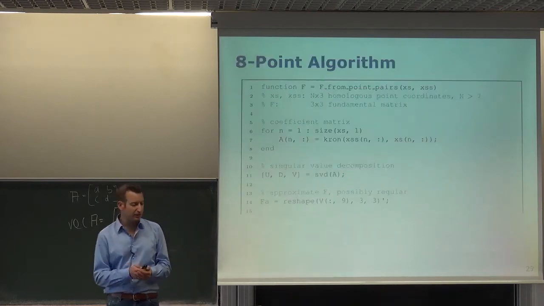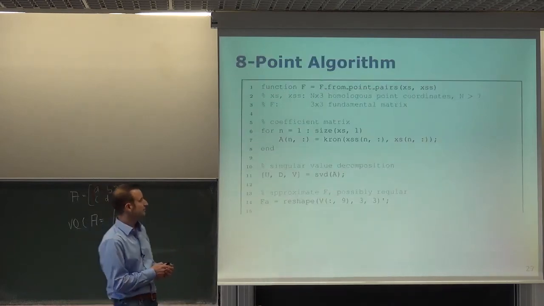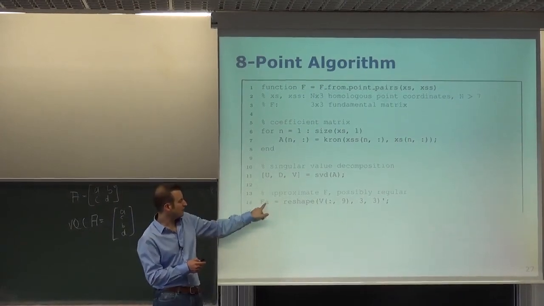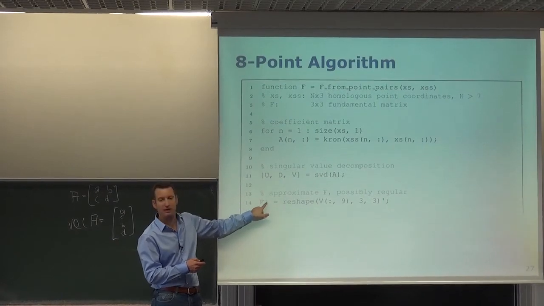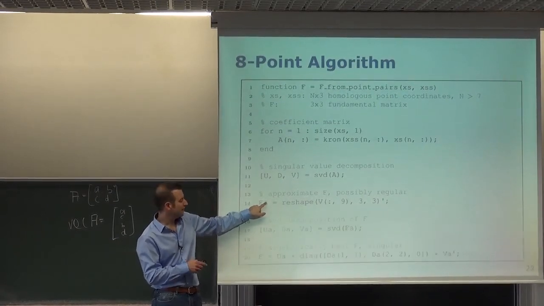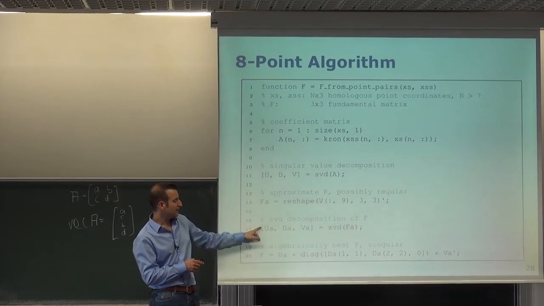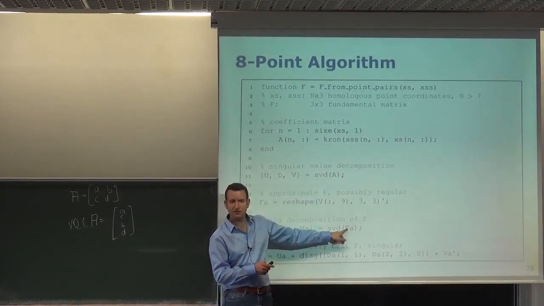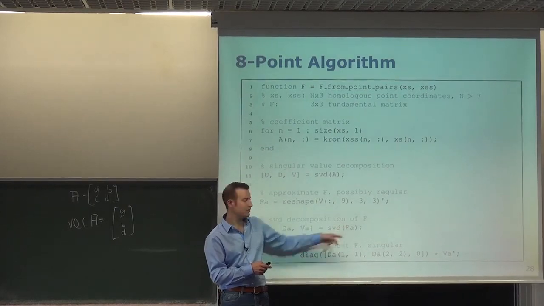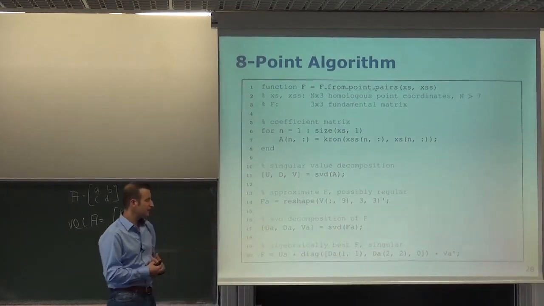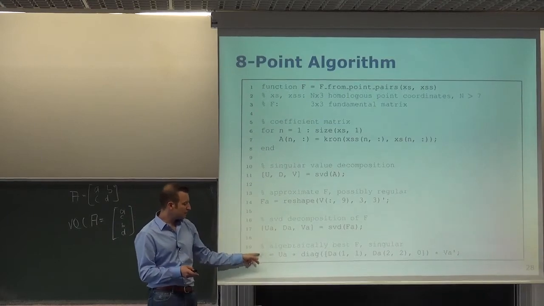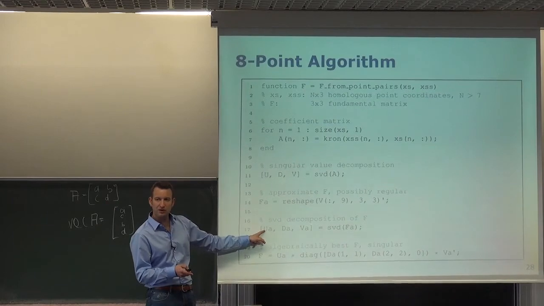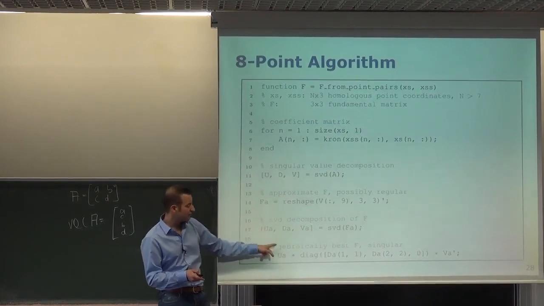So I can go back to my 8-point algorithm until here. That's what we had before. I only replaced F by FA, A for approximation, and then add another singular value decomposition, now not using the matrix A, but FA. So I'm decomposing my 3 by 3 matrix using this SVD, and then generating my new matrix F, which uses exactly the matrix U from the singular value decomposition of the approximation of the fundamental matrix.